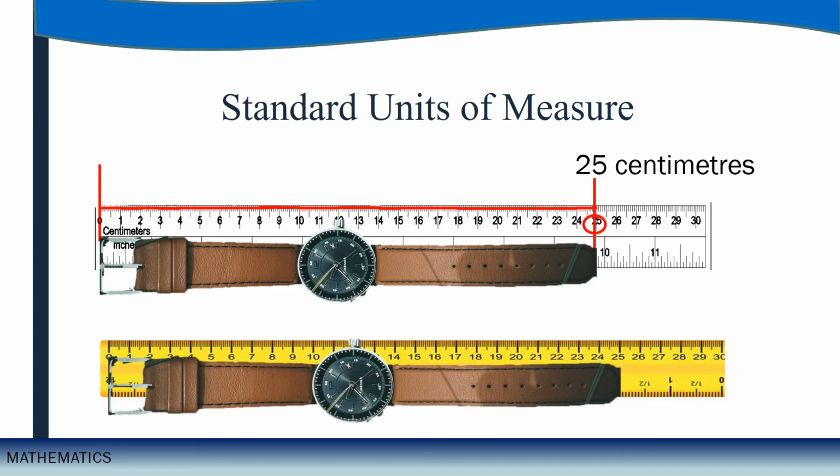Wow. Daniel also lined up the 0 mark on the ruler with the starting point of the watch. And then he counted the units right to the end.